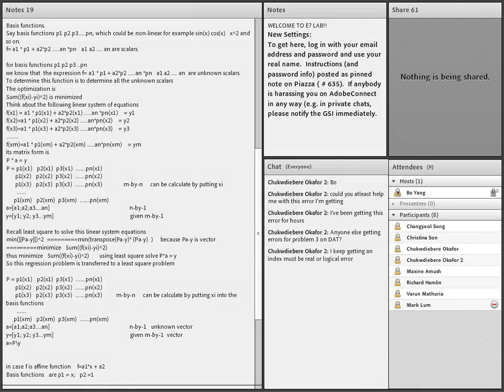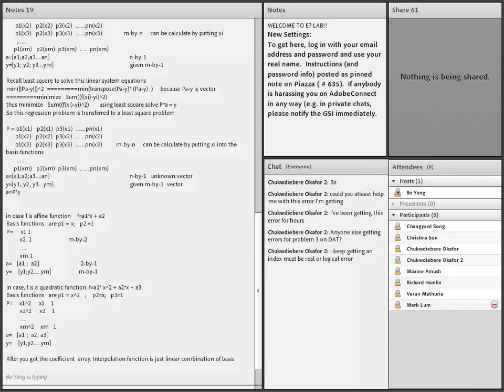The unknown coefficient array just has three elements, a1, a2, a3. We use backslash, a equals P backslash y, to get this coefficient vector. After you get the coefficient vector, you can build the linear combination of basis functions. The coefficients are given and the basis functions are given, so the regression function can be gotten easily.